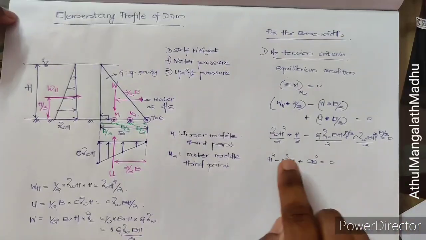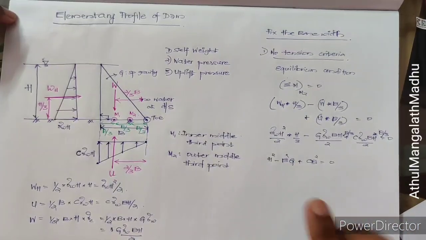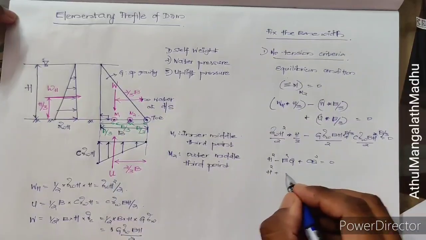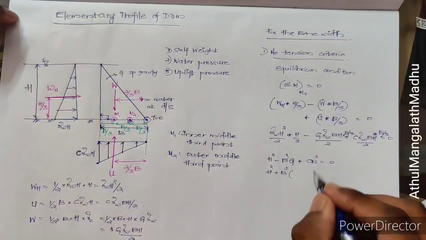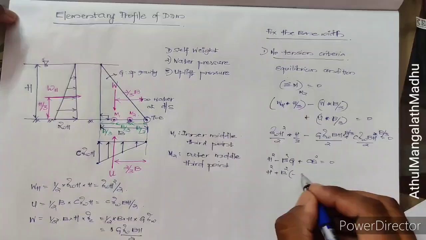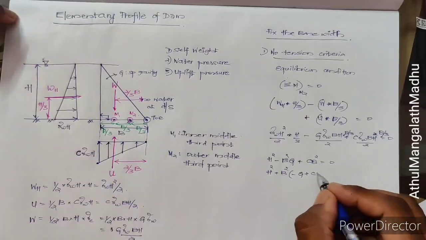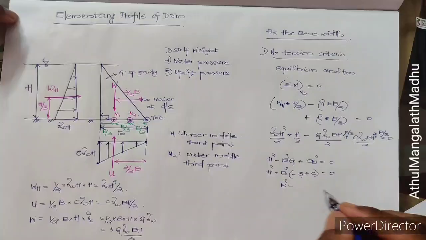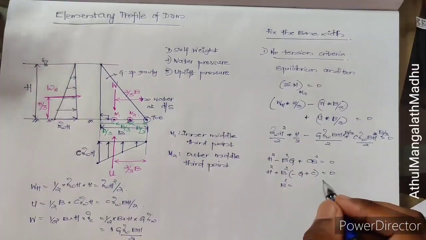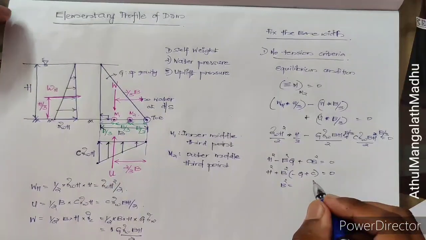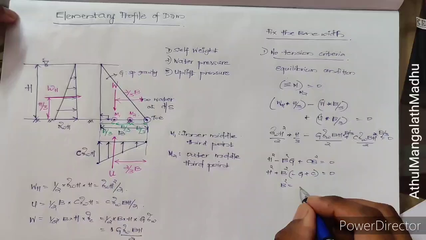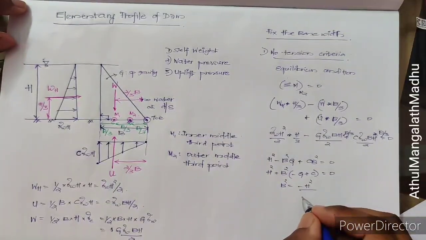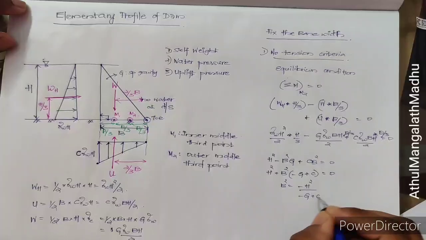So remember, my whole idea is to find the base width. So this can be written as, if I take b square outside, b square into minus g plus c is equal to 0, or rather b square is equal to, if I take every term to the other side, minus h square by minus g plus c.